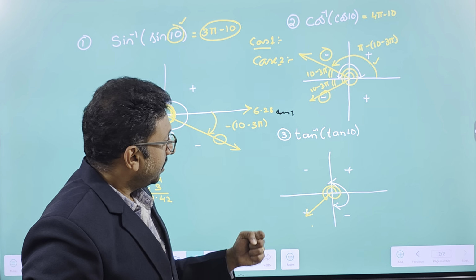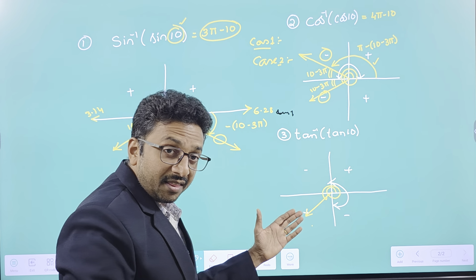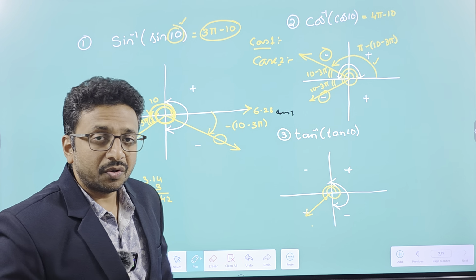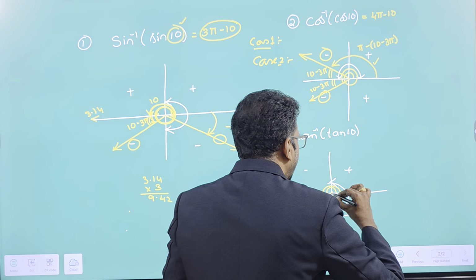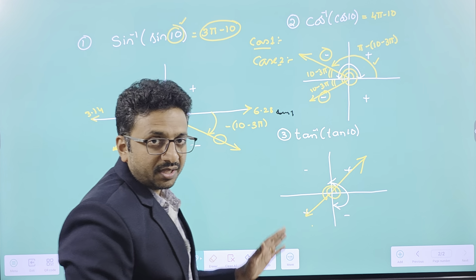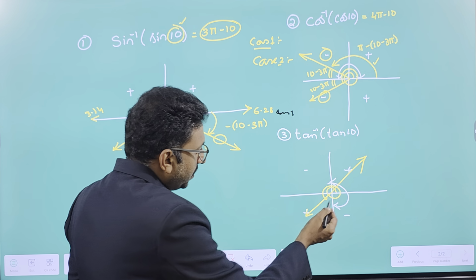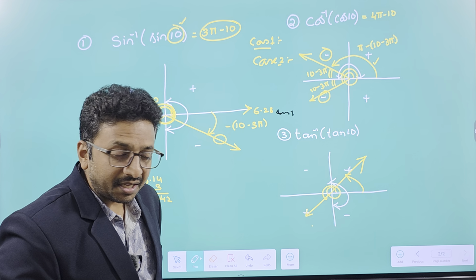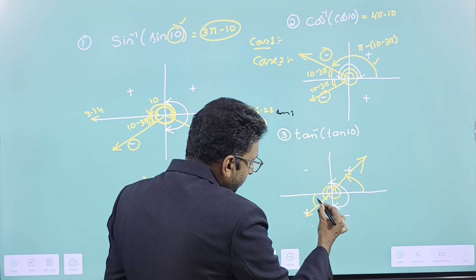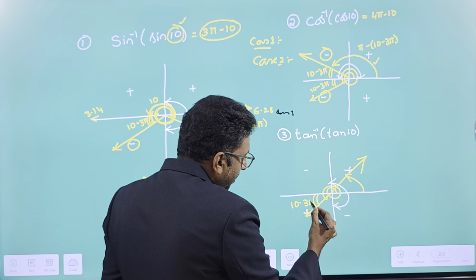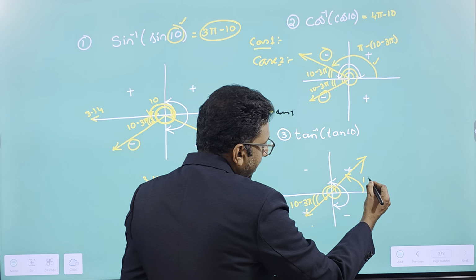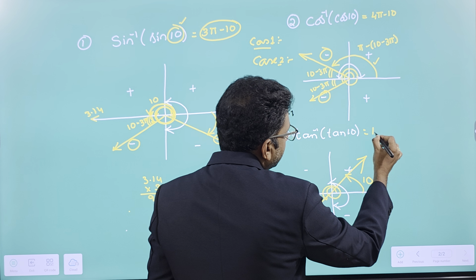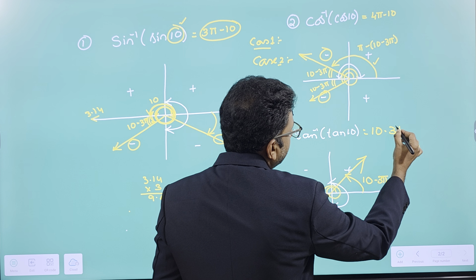But here, we are in the positive quadrant for tan, so the reflection has to go to the positive quadrant. This time the reflection has to happen about the origin. So that will be the reflected ray. This angle is going to be the answer for tan inverse of tan 10. This is 10 minus 3 pi. By laws of reflection, the vertically opposite angle is the same, so this is 10 minus 3 pi. So tan inverse of tan 10 is 10 minus 3 pi.